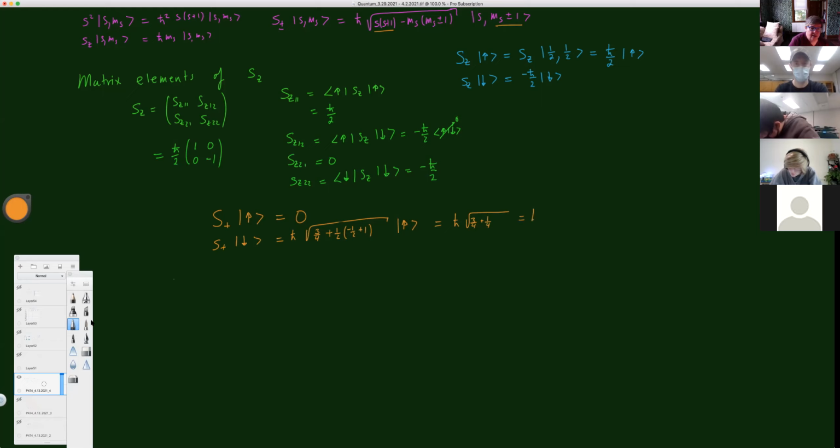Oops, and I left off my ket. Sorry about that. And this is going to go to the up ket. And that's just going to be H bar times the up ket. Yeah? Notice how S plus changes it from down to up. Right? It's supposed to do that. It's a ladder operator. Okay. All right, that's it, guys.